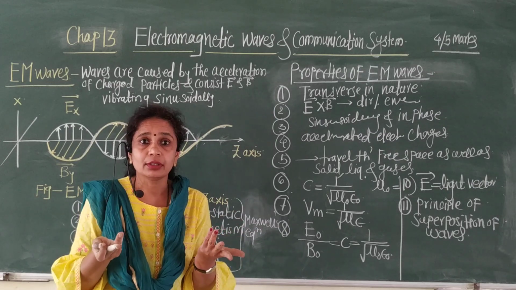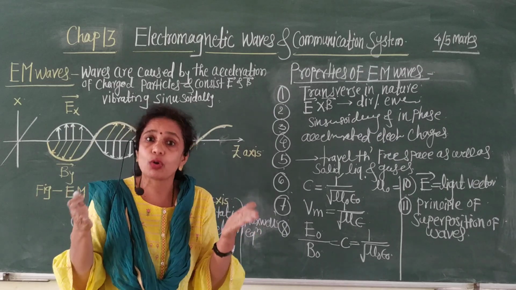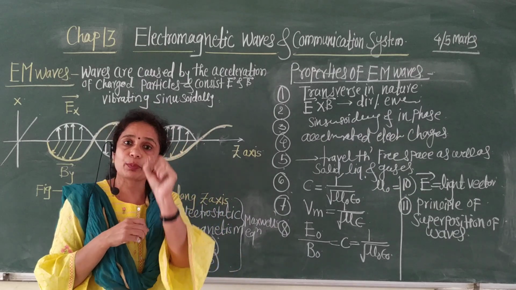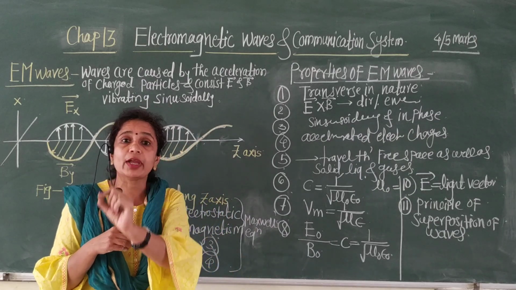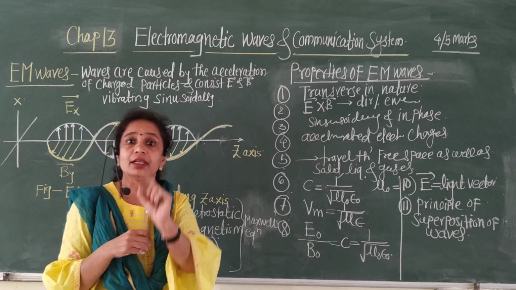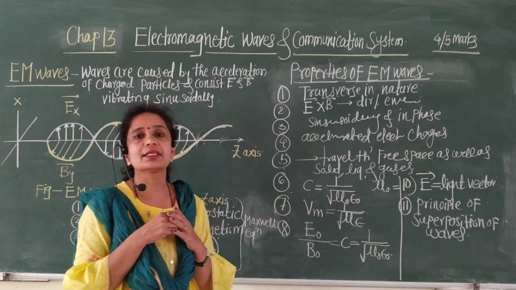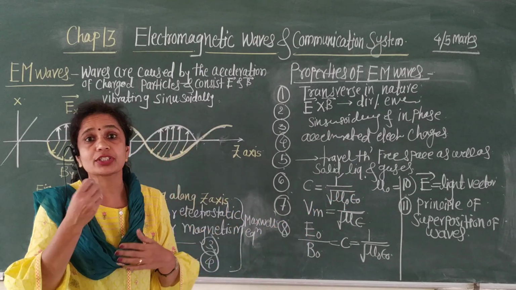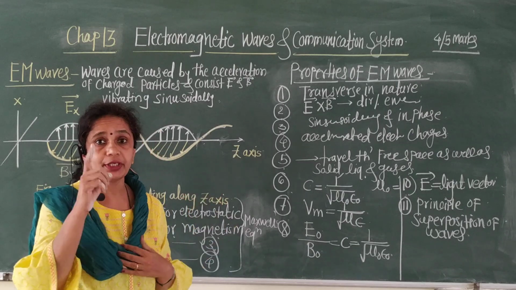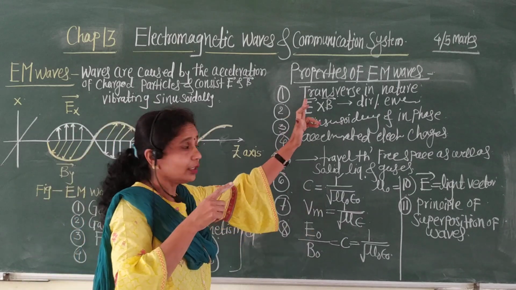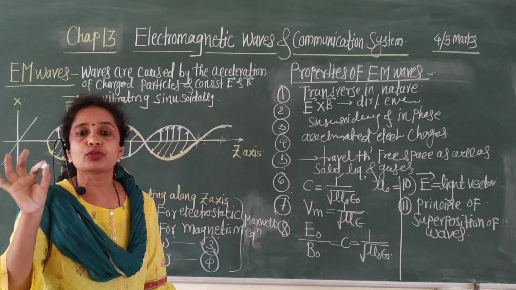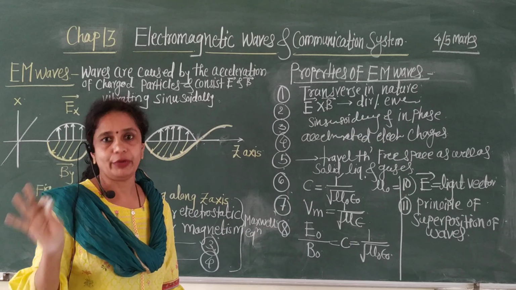Each wave produces its own displacement and the resultant displacement at that point is equal to the vector sum of the individual displacements. This is called the principle of superposition of waves. Therefore, property number 11 is that electromagnetic waves obey the principle of superposition of waves.